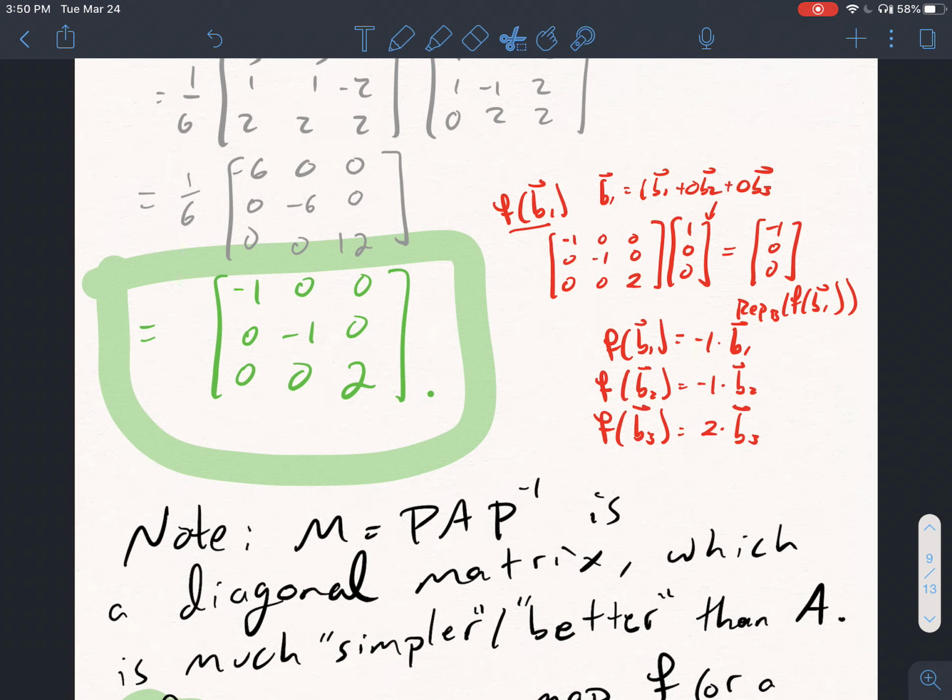And what does that mean? So over here, I kind of sketched out what I mean for this to be nicer or easier to work with than A. So, what do I mean by that?